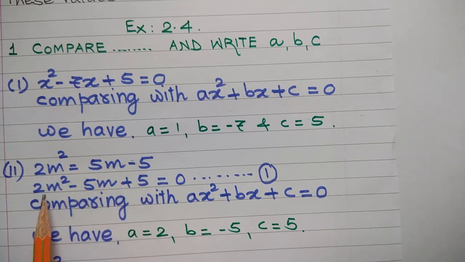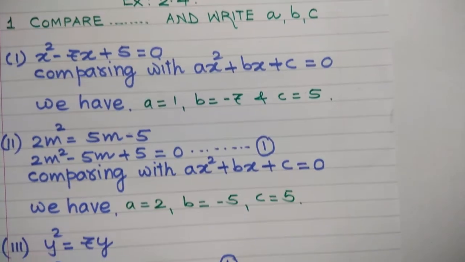We have 2m square minus 5m plus 5 is equal to 0. After comparison with ax square plus bx plus c is equal to 0, the value of a is equal to 2, b is equal to minus 5 and c is equal to 5.